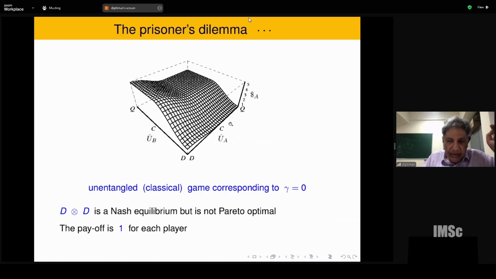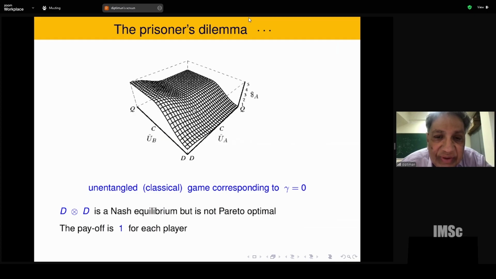If they both play C, then both should be better off, right? But this is just the payoff for A. So if they both choose C, then you're at some point in the middle of the picture. But you can see that they're not both better off because for A you get 5, but for B you have to look at the other picture which I have not shown here.